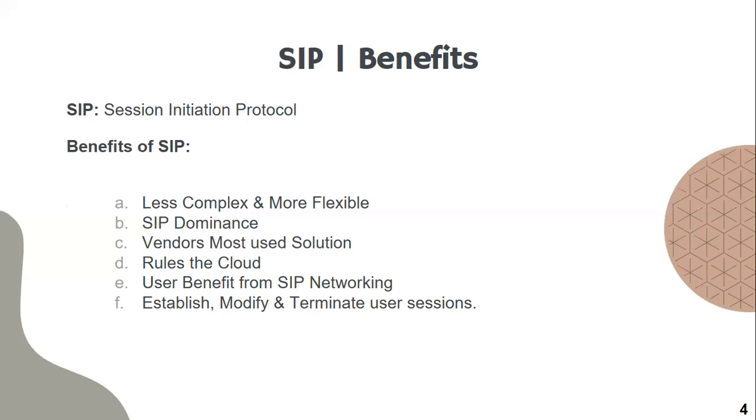And in the end, it terminates the user session, as when the two users finish their call, we want to close the session between them, and the SIP protocol closes this session. So these are the benefits of the SIP protocol. And all of this is just an introduction to SIP, so then we can actually go through the IMS.